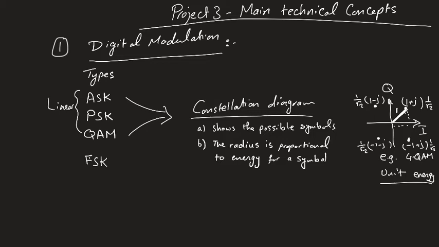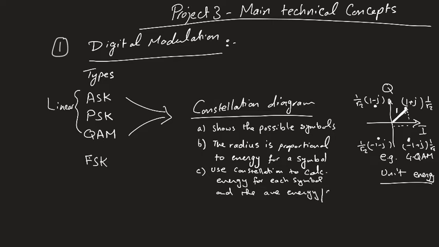So basically, you can use the constellation diagram to calculate the energy for each symbol and the average energy per symbol, right?